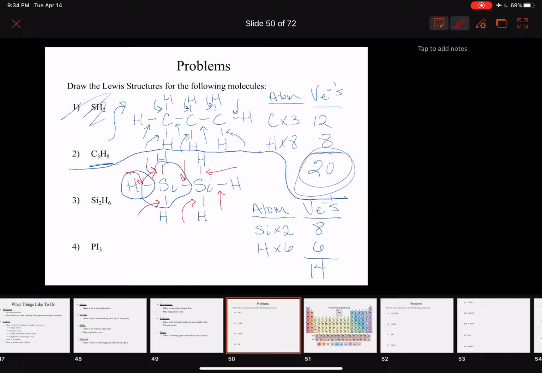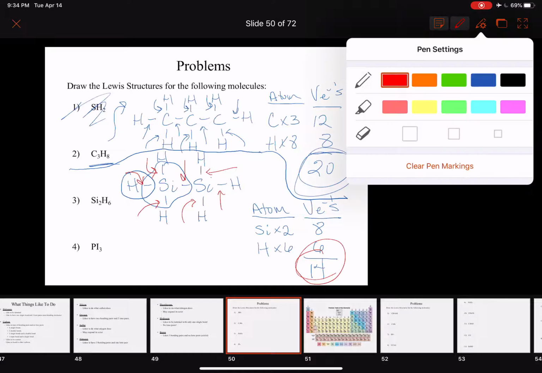Everybody has an octet or a duet. We used up our 14 valence electrons, and our silicons are doing what they like to do, 4 bonding pairs, no lone pairs, and the hydrogens are doing what they like to do, a single bond and no lone pairs. So that brings us to PI3.